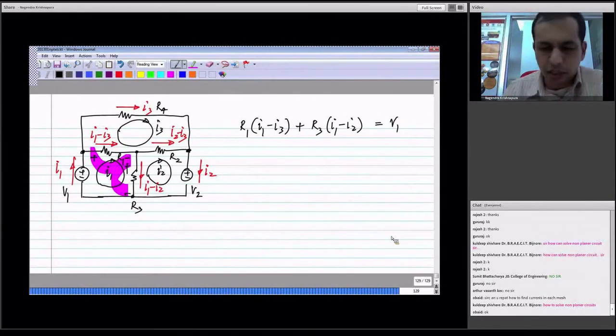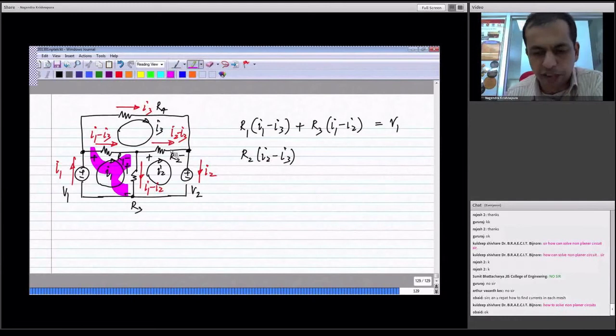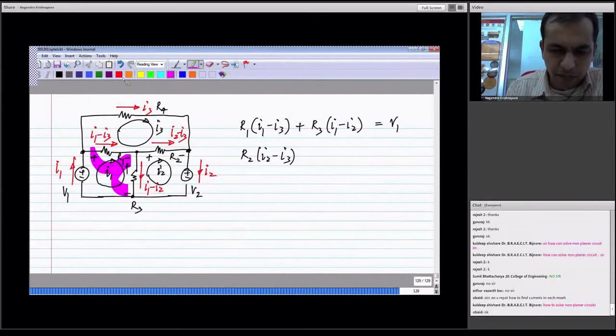So now for the second mesh, what we do is the same. The voltage drop across R2 in this direction is R2 times I2 minus I3. Now we always go clockwise around each mesh, and we also take the voltage drops in the same direction. So for this particular branch, the one in the middle, we also take a voltage drop with this to be positive and that to be negative.